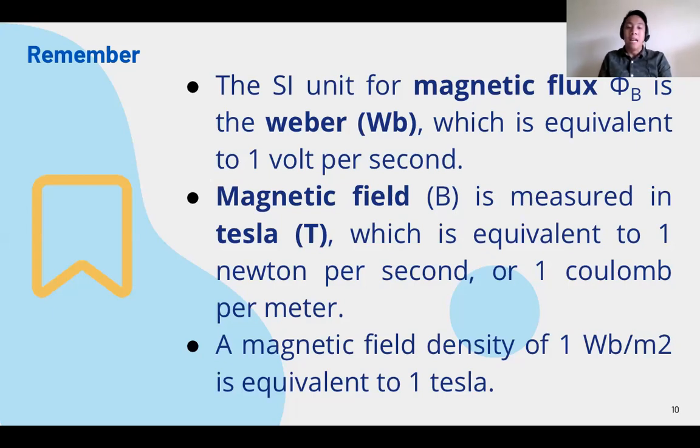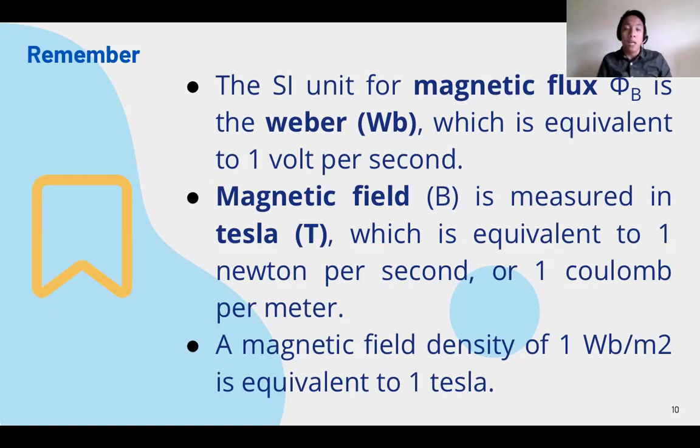Okay? A magnetic field density is 1 Weber over meter squared. That is equivalent for 1 Tesla. So for example, ang nakuha mo is Weber over meter squared. So that is also equivalent for 1 Tesla.